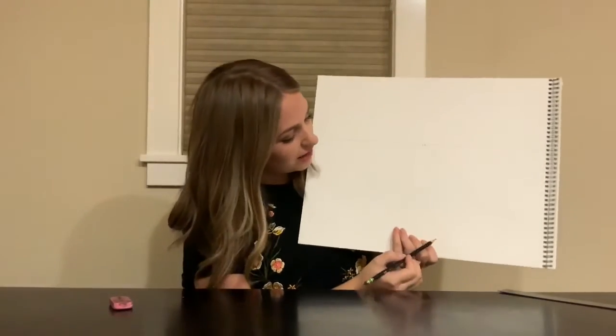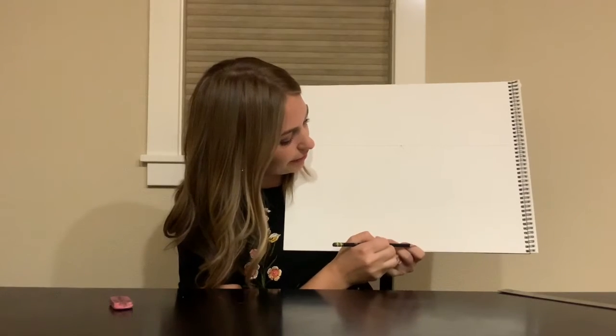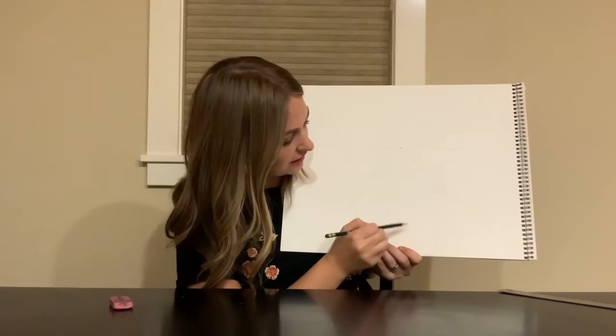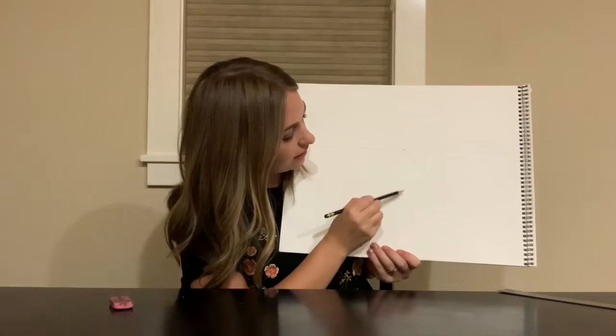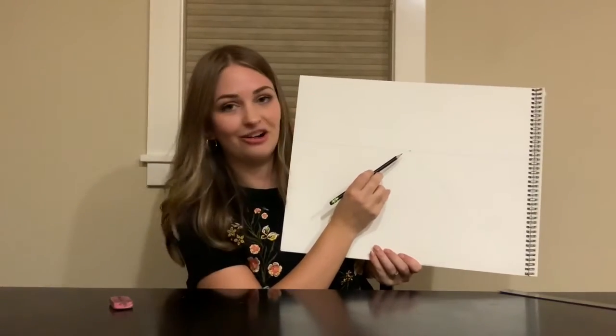So for example, my lines in the middle of my road are going to be nice and big here, and then they're going to slowly get smaller and smaller and smaller until I can hardly even see them off into the distance. So let's go ahead and do that. All right, so once you have those lines right in the middle of your road, it should look a little bit like this.